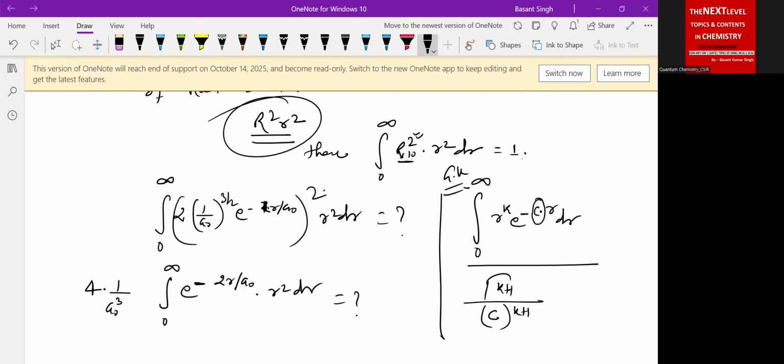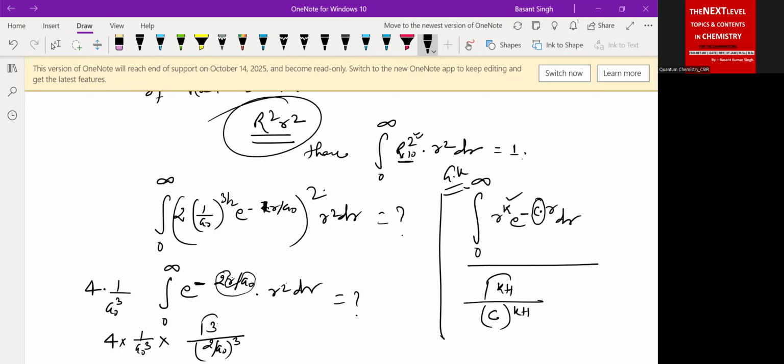Now here k is 2, so this becomes 4 into 1 by a naught cube into gamma 3 divided by the constant 2 by a naught to the power 3.